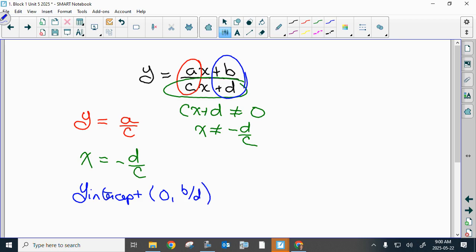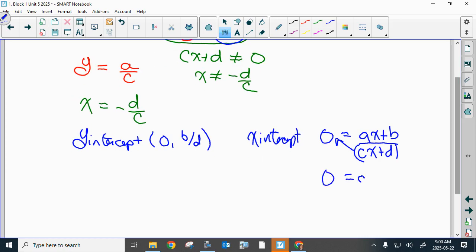And then the last one, the x-intercept. Right away, when we say y is equal to 0, and I have ax plus b over cx plus d, and I multiply by 0, the bottom factor does not weigh in at all to the x-intercept, right?